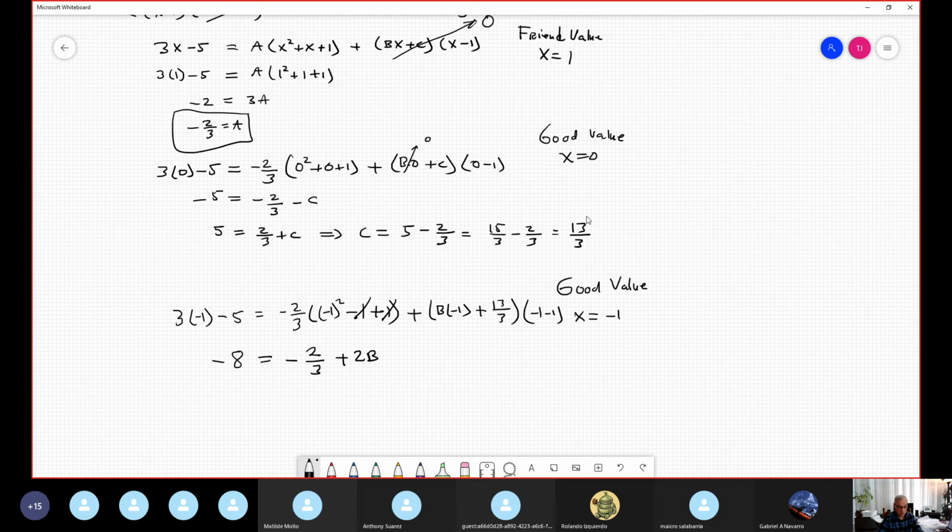Let's do it step by step. It is negative B plus 13 over 3, and this is negative 2, no?